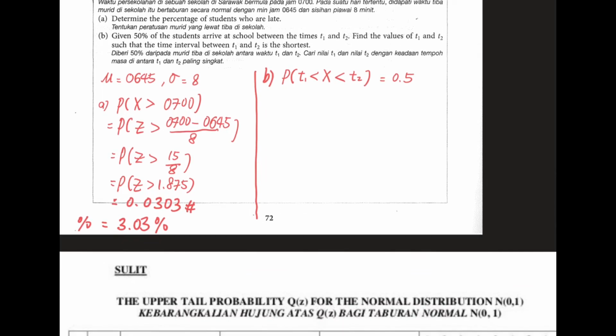So what should we do? We change it to z-score first. T1 minus the mean 0.645 over the standard deviation 8, to T2 minus 0.645 over the standard deviation 8, equal to 0.5.